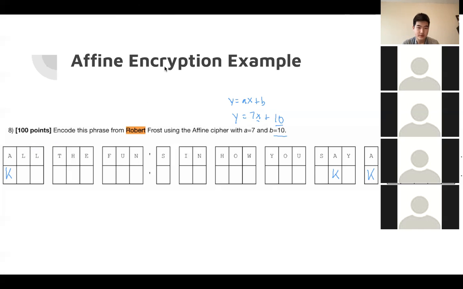Okay, so if we do L, I'm not going to show work for this one. Can somebody just tell me what L goes to? I'll have the answer ready just in case I need to check. And if you're not sure about the letter conversion, you can just tell me the number too.